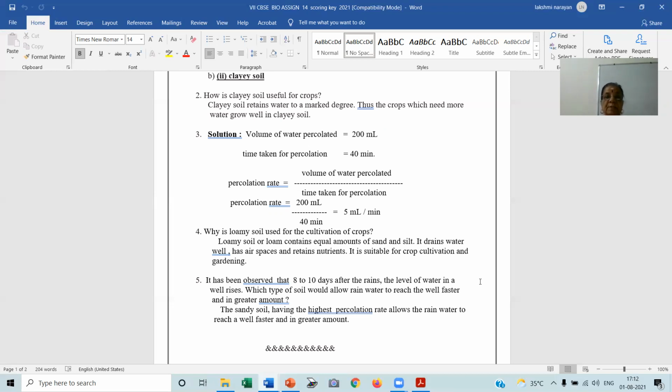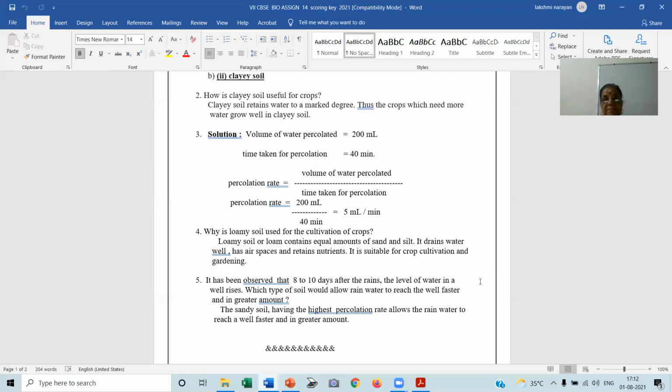Then question number 5. It has been observed that 8 to 10 days after rain, the level of water in well rises. Which type of soil would allow rainwater to reach the well faster and in greater amount? Answer.